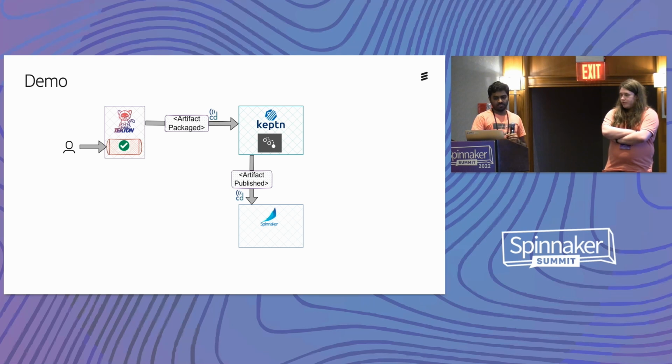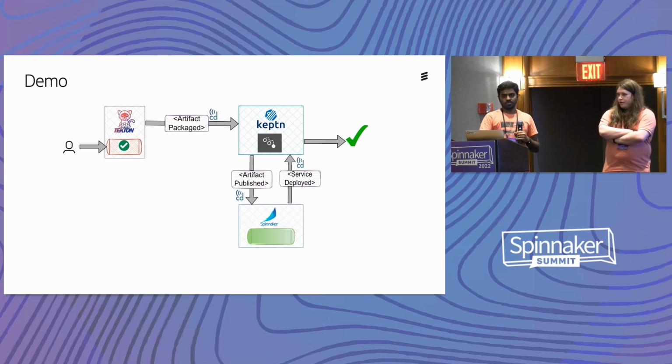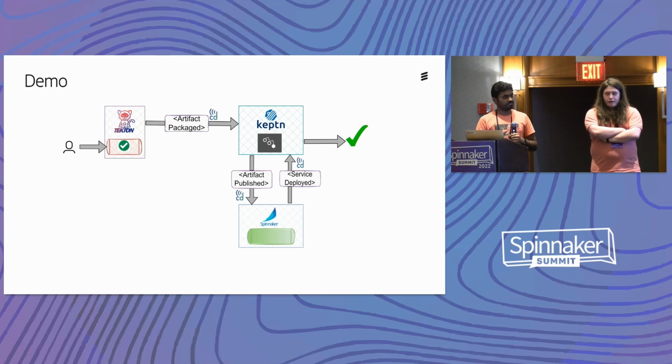Once that event gets in, Spinnaker runs a deploy pipeline. Once the deploy pipeline is green, it sends a service deployed event, and that event is again subscribed by Keptn to mark the sequence as successful. So we can see this in the demo.